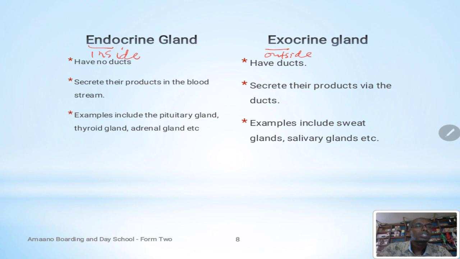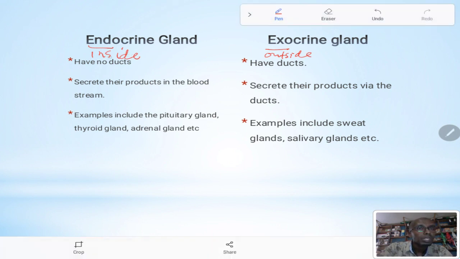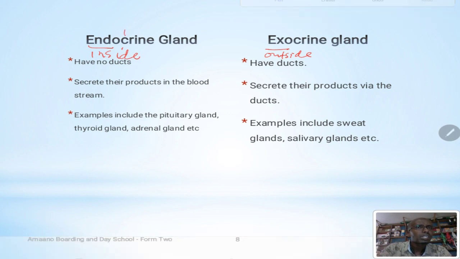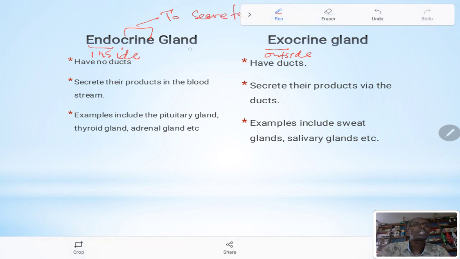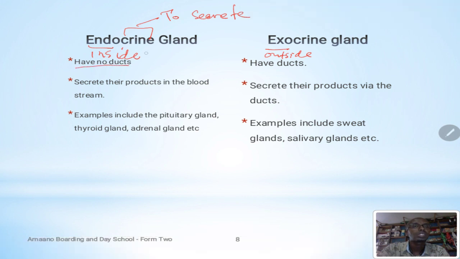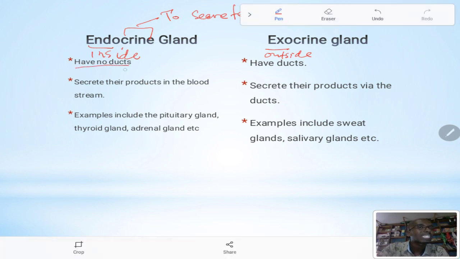But let's clearly explain what we mean by inside. Here, crine means to secrete. That means endocrine glands secrete their products directly into the bloodstream. They don't have ducts. They don't have what? Ducts. They are also called ductless glands.